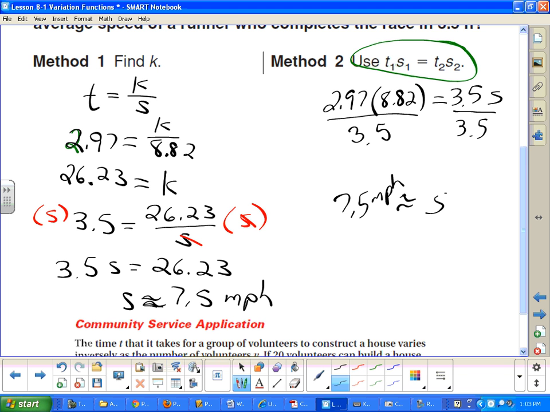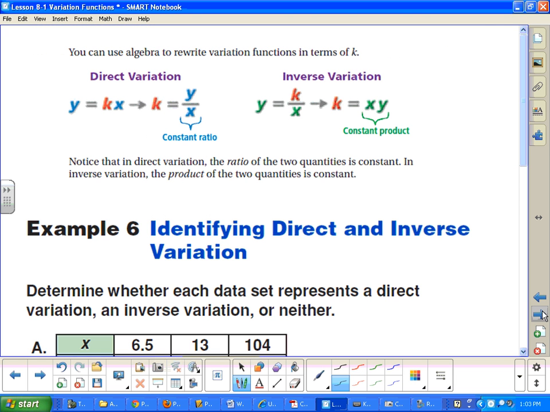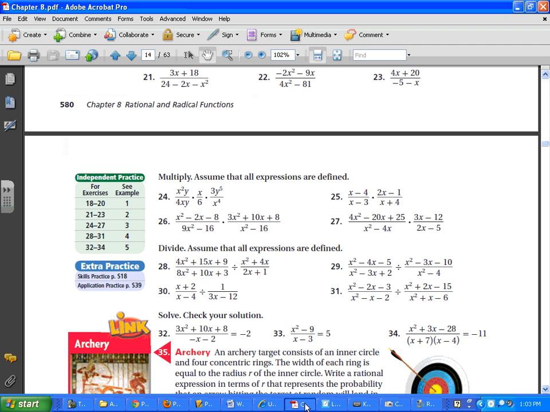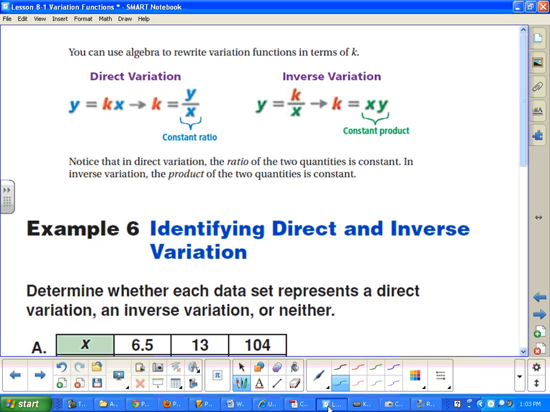All right, we have 2 other ones we're going to look at. So one thing is we're going to look at how do I know what a set of data is? Is it direct variation or inverse variation? And here they're just reminding us of some things that we've talked about already, that if I have direct variation, then we know that k is equal to y over x, our constant ratio.